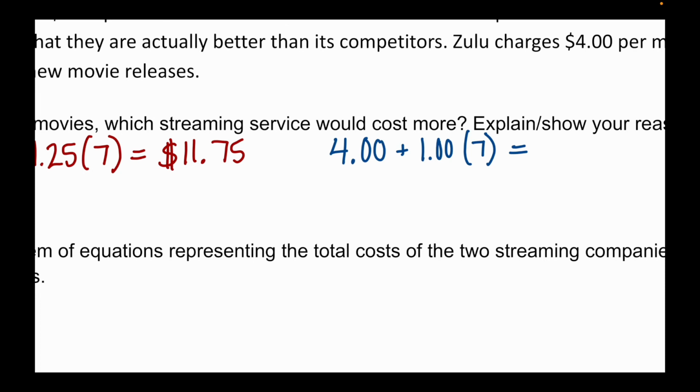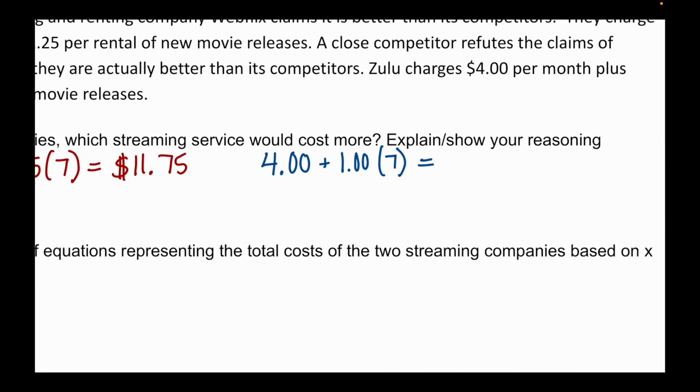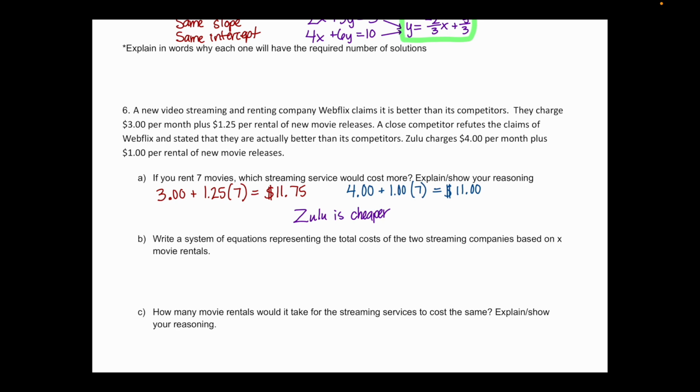So 7, 8, 9, 10, 11. This is just $11 flat. 11.00, and then we can say Zulu is cheaper. But this is only if we rent 7 movies. So Zulu is cheaper if you rent 7 movies.